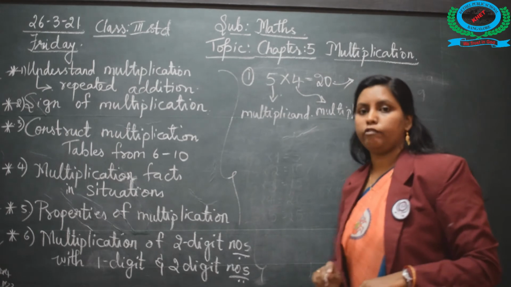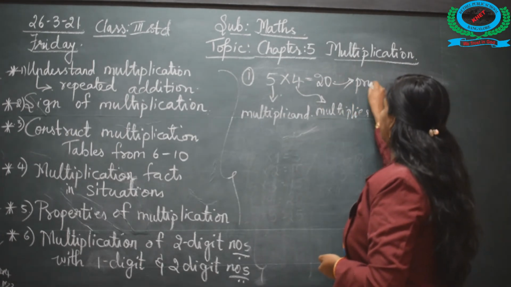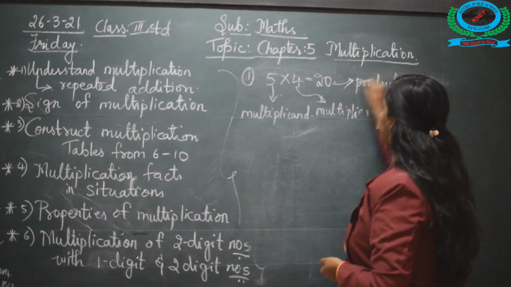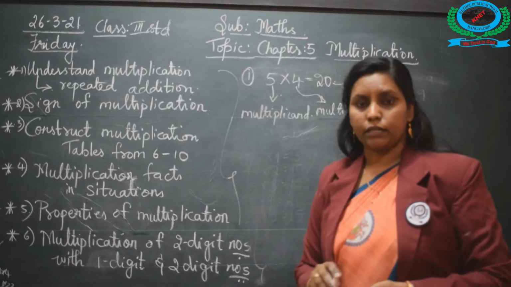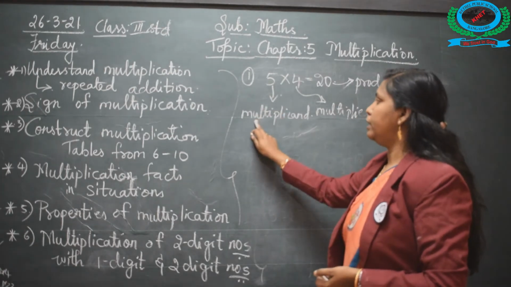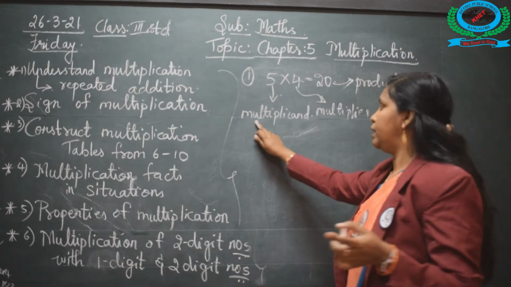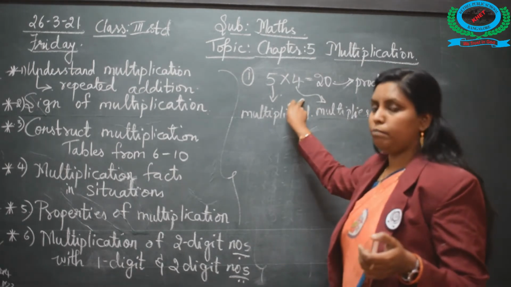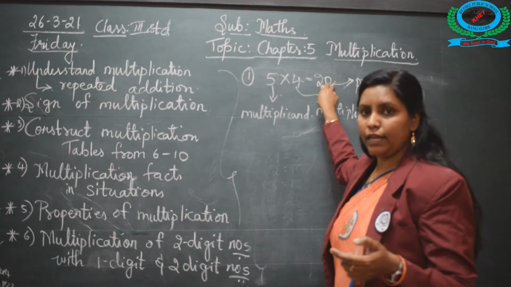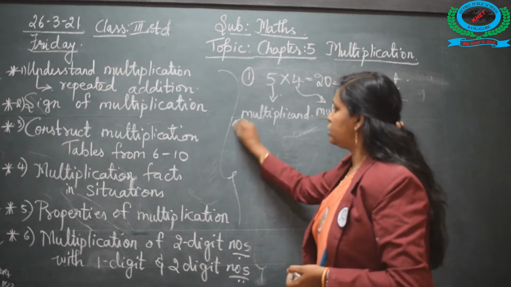And the final result, the end product, is called the product. So that is the first property, the first rule of multiplication.